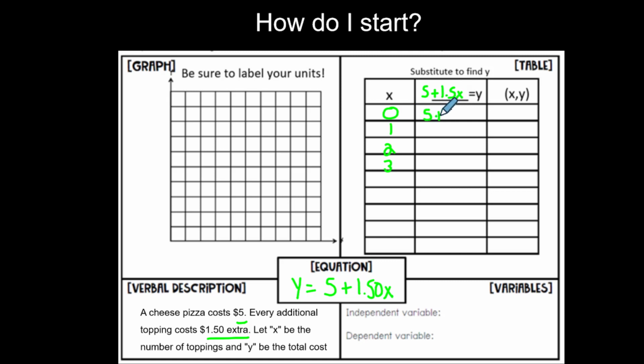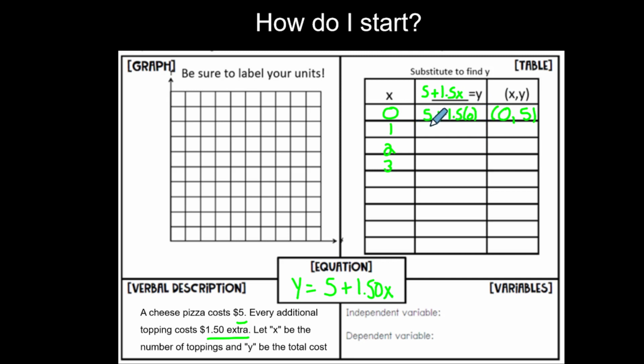5 plus 1.5 times 0 equals, well, think about it, 1.5 times 0 is just 0. So if you have no additional toppings, 5 plus 0, that means the price of your pizza will be $5. I got that from just evaluating that sentence.